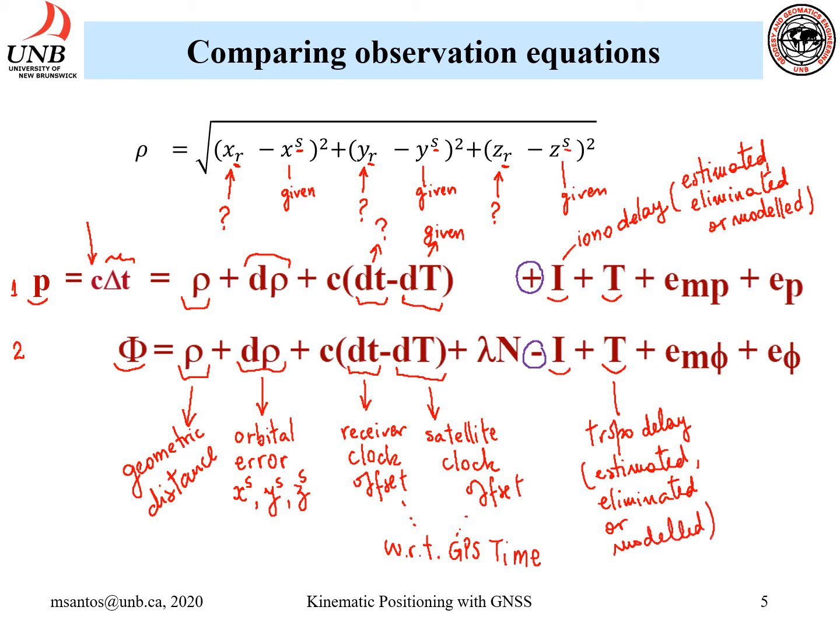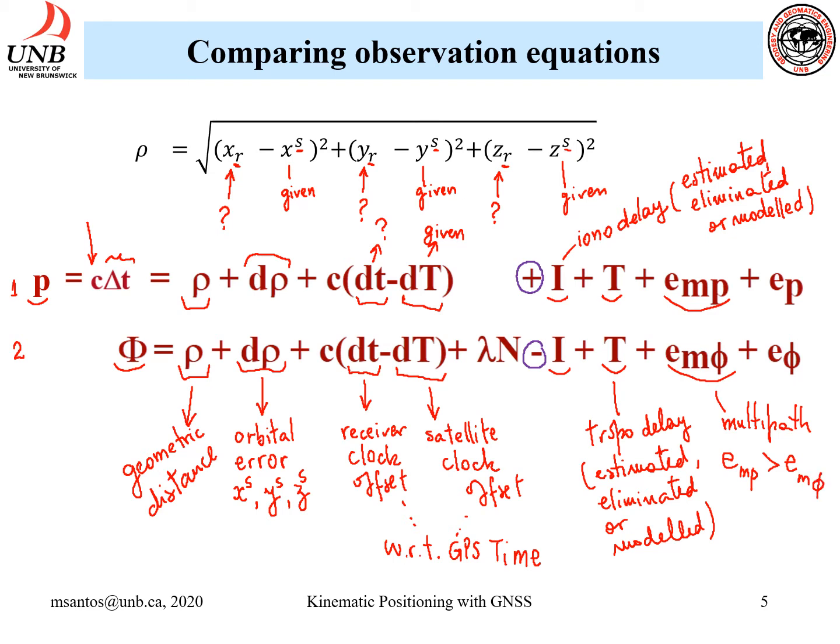These terms here represent multipath, with the important understanding that the multipath error in the P, this is the pseudo-range, is larger than the error caused by the multipath in the carrier phase.